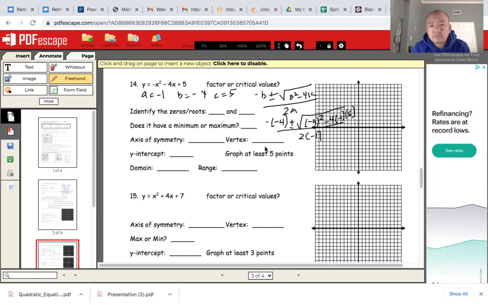When you solve this out, it's 4 plus or minus the square root of 16 plus 20, so it becomes 36.